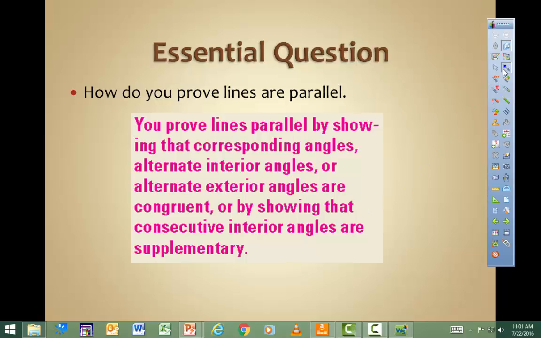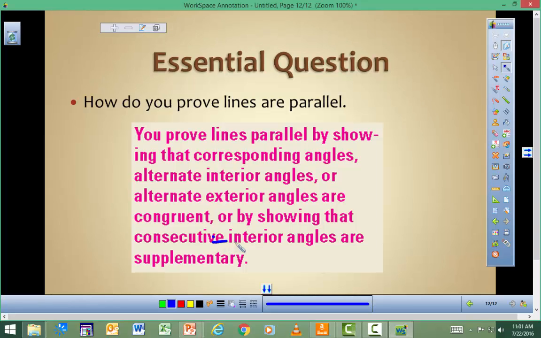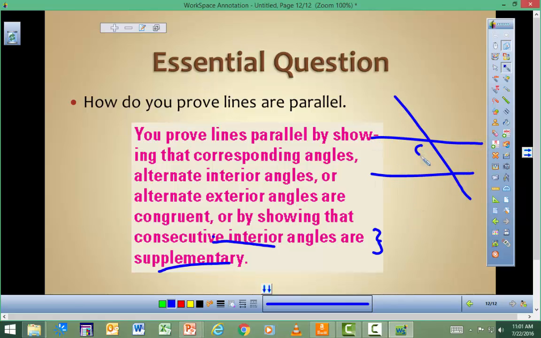The one that most people struggle with is this one. Let's redraw it here. You have to show that a couple angles, like angle 1 and angle 2, add up to 180 degrees. So angle 1 plus angle 2 must equal 180.